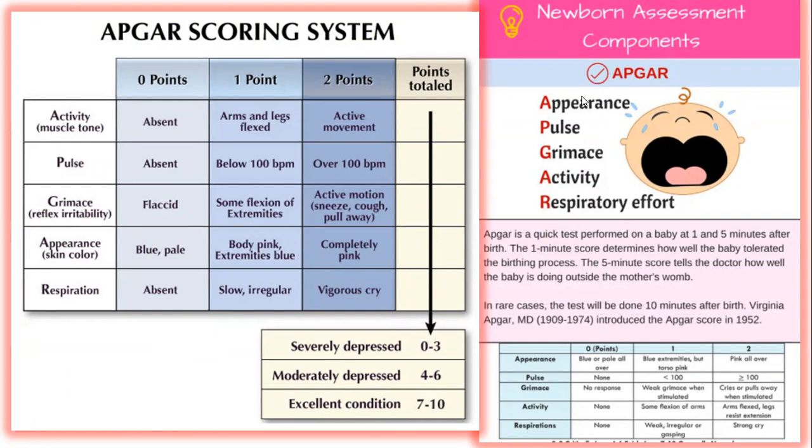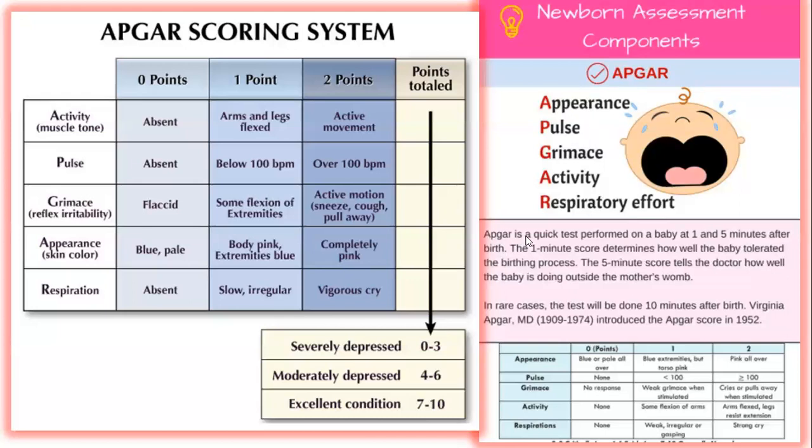And what are the newborn assessment components? First of all, appearance, right? Pulse, grimace, activity, and respiratory effort. And these criteria together are called the APGAR score.